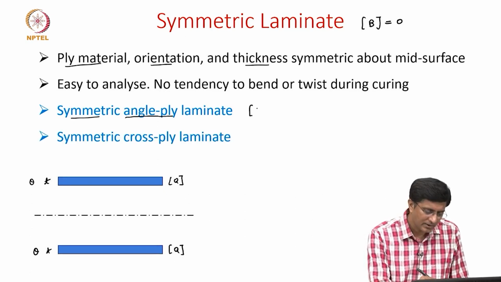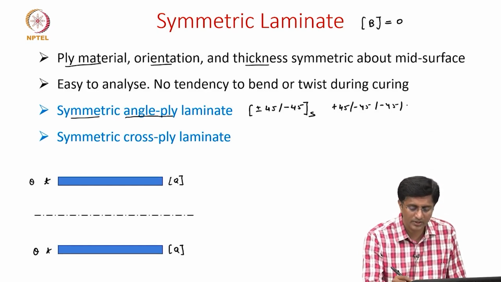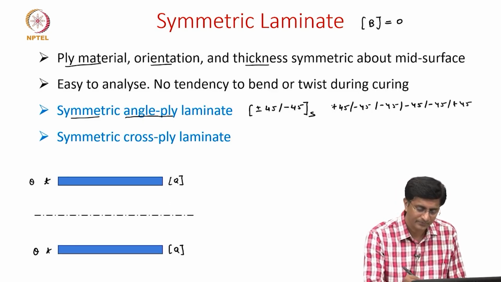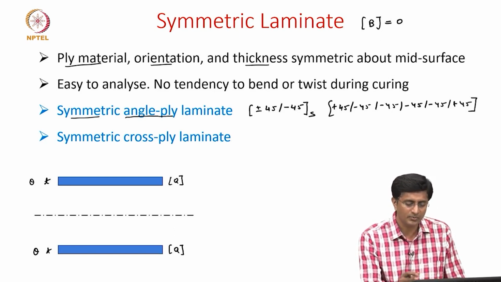Let's say it is plus 45 minus 45 minus 45, and it is symmetric. If I expand this, it should be plus 45 minus 45 minus 45, and since it is symmetric I need to mirror it, so it should be minus 45 minus 45 and plus 45. So this is one example of a symmetric angle-ply laminate. Of course we can come up with many other examples in a similar fashion.